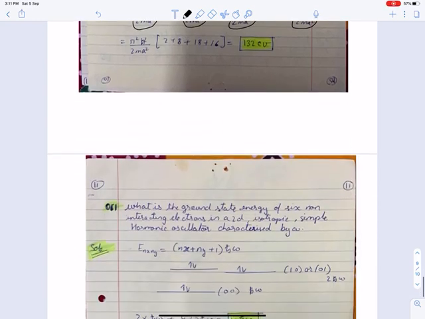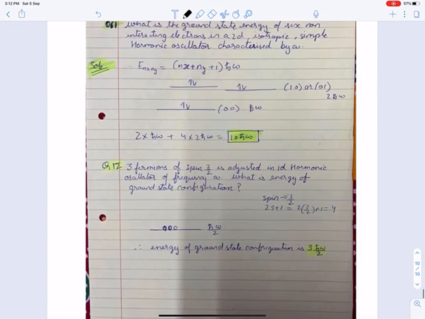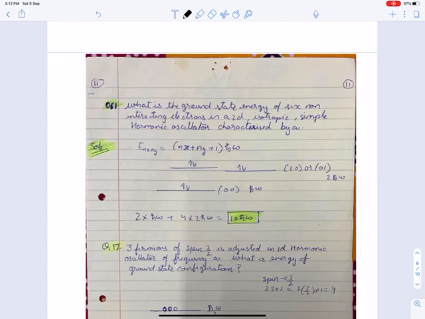Now question number 11. What is the ground state energy of 6 non-interacting electrons in a 2D isotropic simple harmonic oscillator? So the concept is of 2D isotropic.